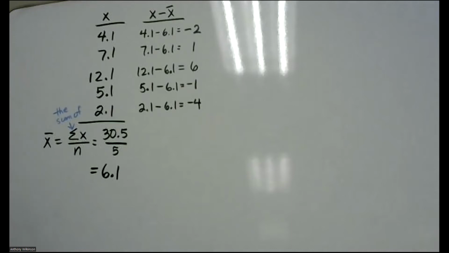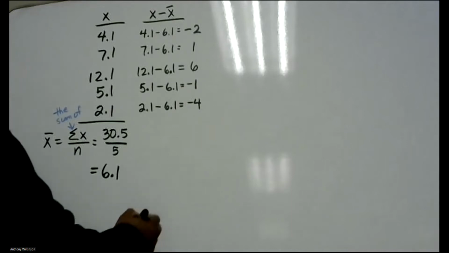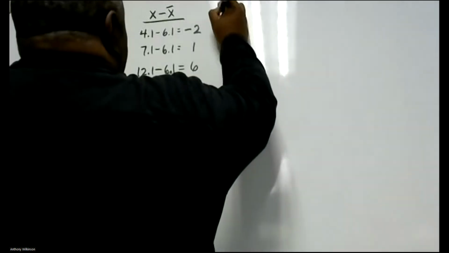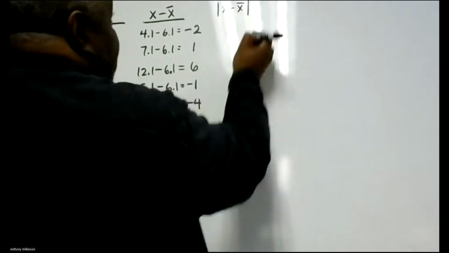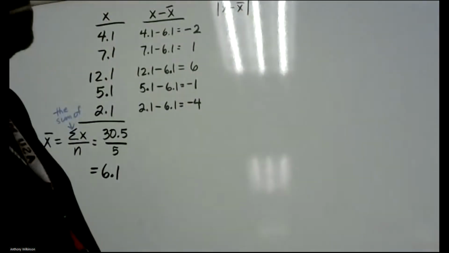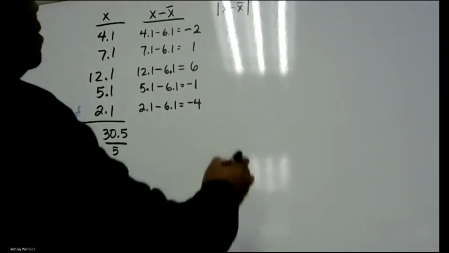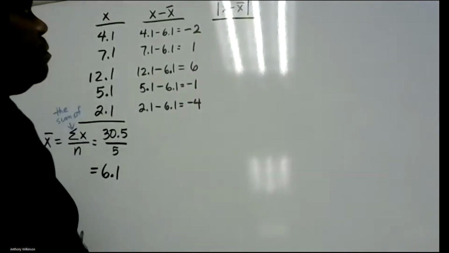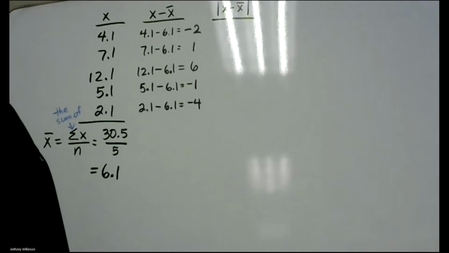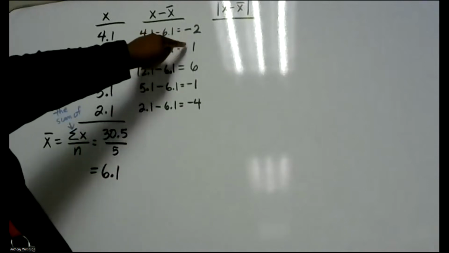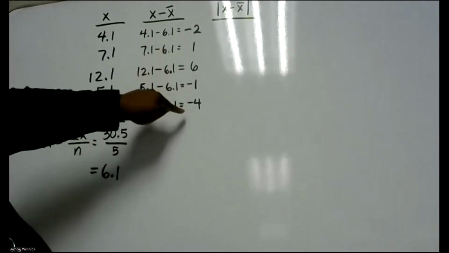And then we find the absolute value of each difference. So this next column would be the absolute value of x minus x bar. So here we're going to take the absolute value of each of these differences here.